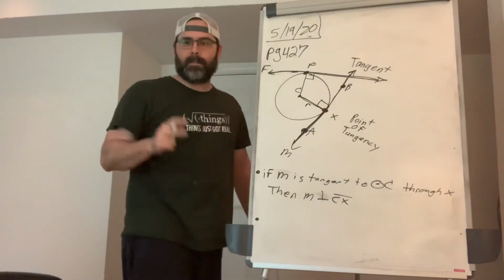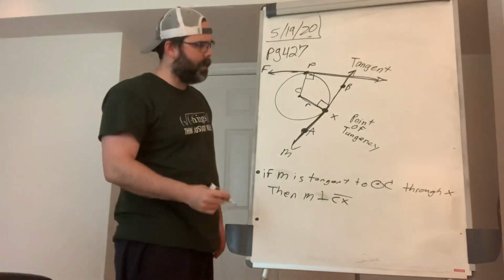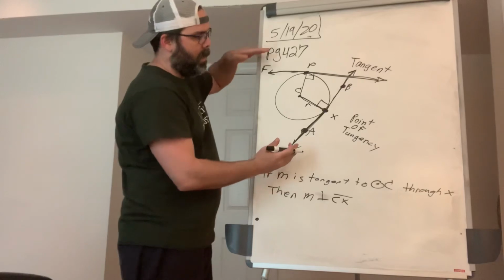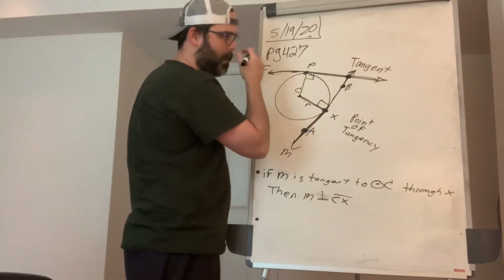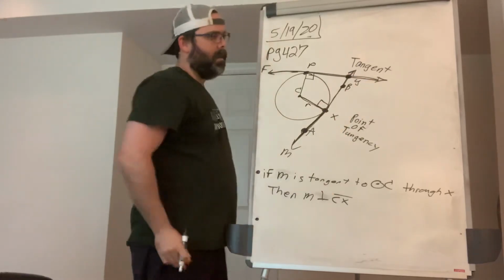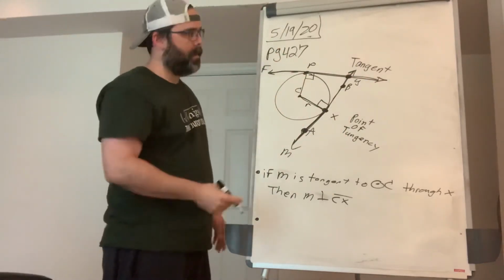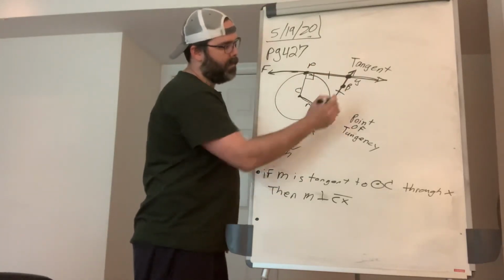Okay, now here's the other property we're going to discuss. If we have two tangent lines and they intersect each other, we'll call this point Y. If these two lines, which are tangents, intersect each other, then this segment here is congruent to this segment here.